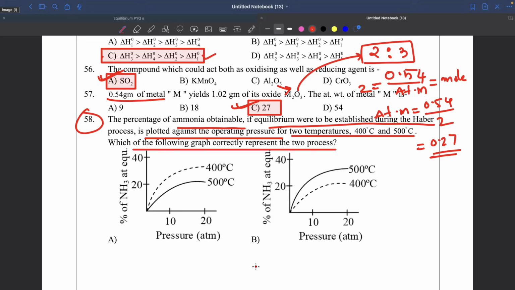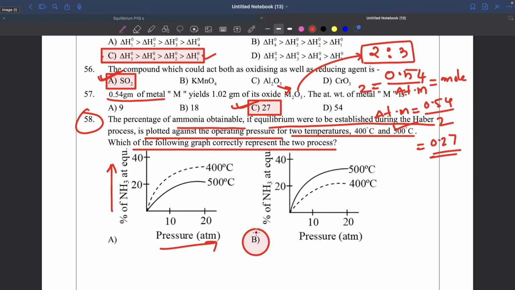We need more heat, more temperature to get the forward reaction to happen. So, higher temperature, higher yield of ammonia. So, on the y axis we have taken ammonia yield, on the x axis we have taken the pressure. So, when high pressure, high temperature, high yield. So, the answer looks like B. B is the answer.